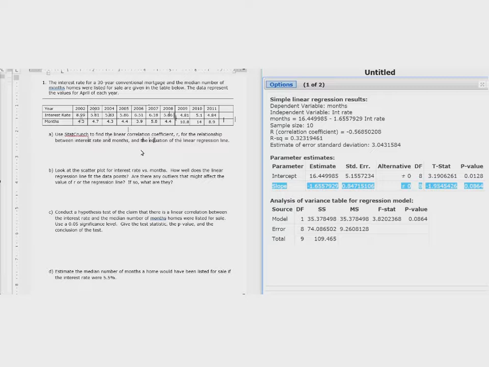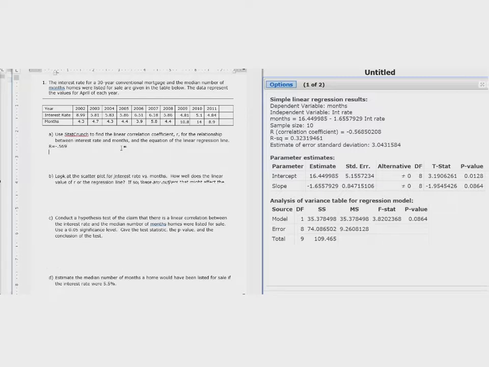Okay, so from this, I could answer this question. I've got the linear correlation coefficient, so my R is -0.569 if I'm rounding it to 3 decimal places.